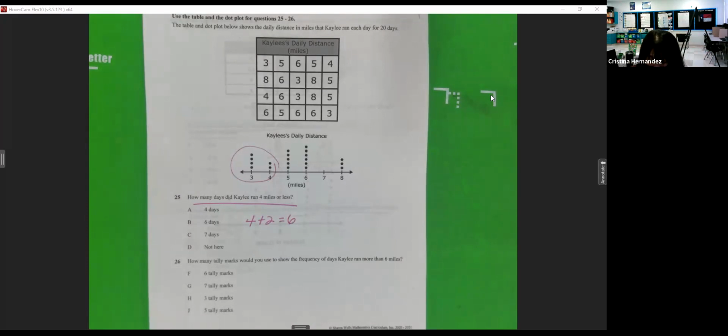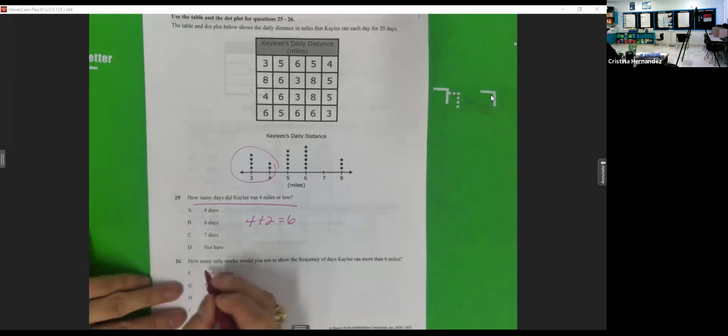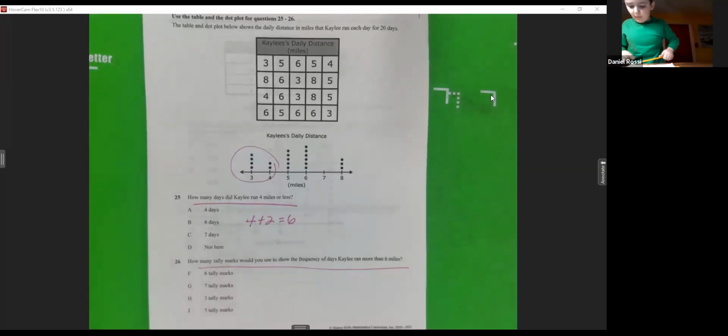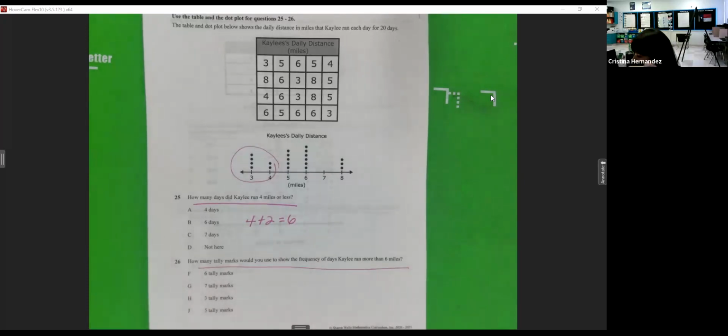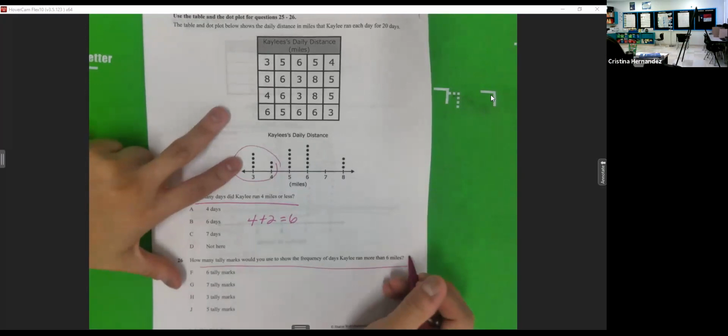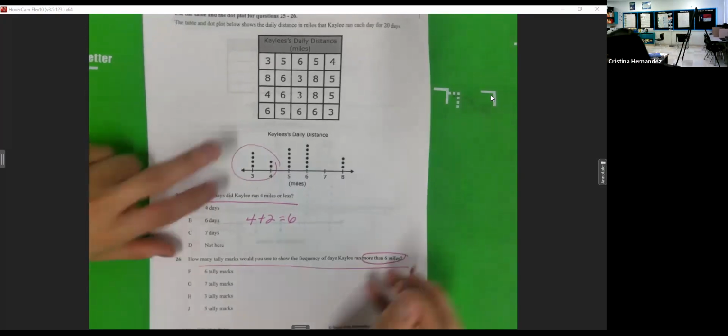26. How many tally marks would you use to show the frequency of days Kaylee ran more than 6 miles? It says more than 6 miles. Sorry, more than 6. Thank you, Daniel, for pointing that out. More than 6. So 6 is not included.